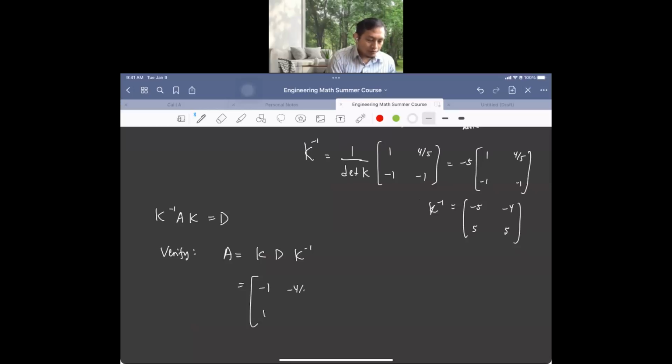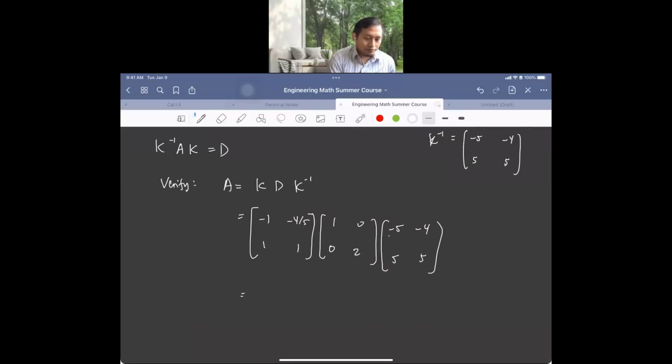So we can verify with our K, which is -1, 1, -4/5, 1, and then D is 1, 0, 0, 2, and then this is the inverse. This is negative 1. This is negative 8 over 5. 1, 2.